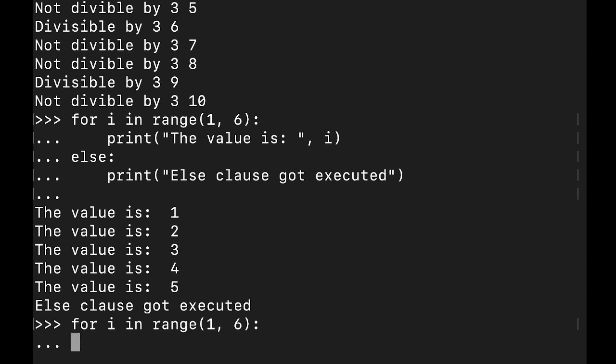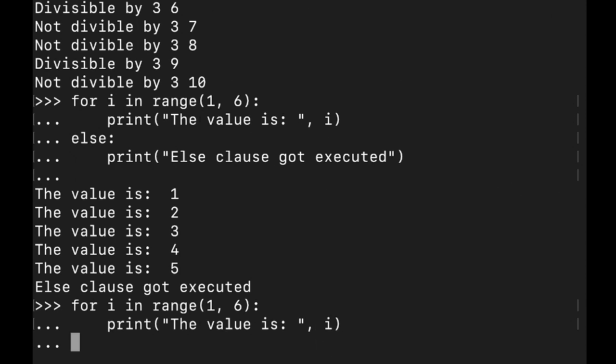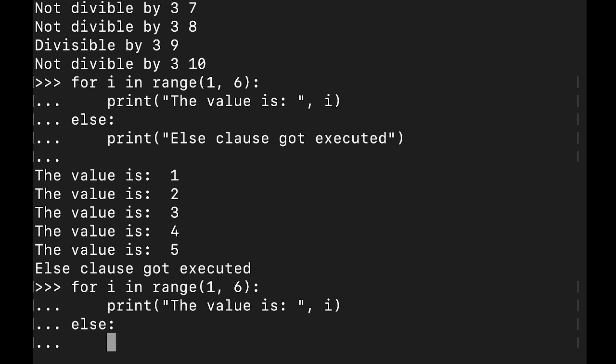I'm writing the same thing again just for clarifying one thing, that is value is, after that you can just print the value of I here, and after that else will be there, and when you come here, print else clause got executed, and with this you print the I value also and see what the iteration is.